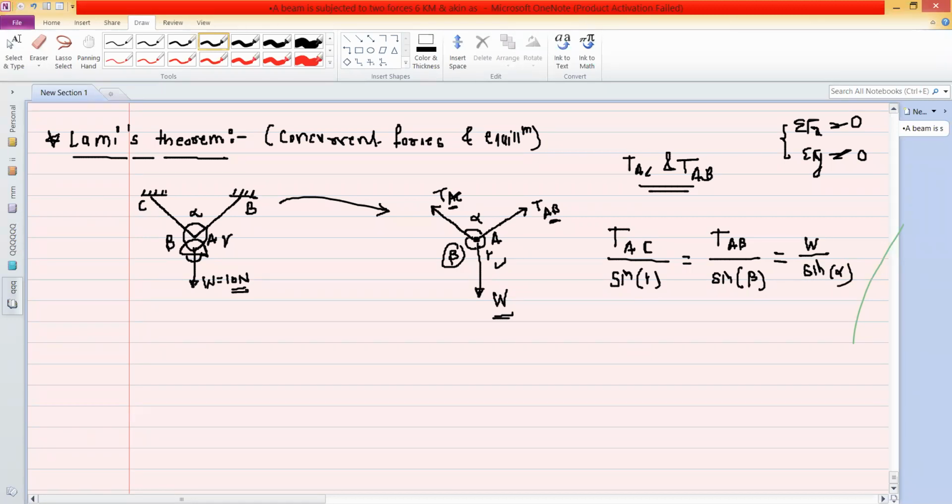Okay, so this is the equation for Lami's theorem. By using this equation, we can find the unknown tension AC and tension AB. The only requirement is that W must be given and the angles must be known. So if W is given, and alpha and beta are given, then we can find tension AB and tension AC. So this is Lami's theorem.